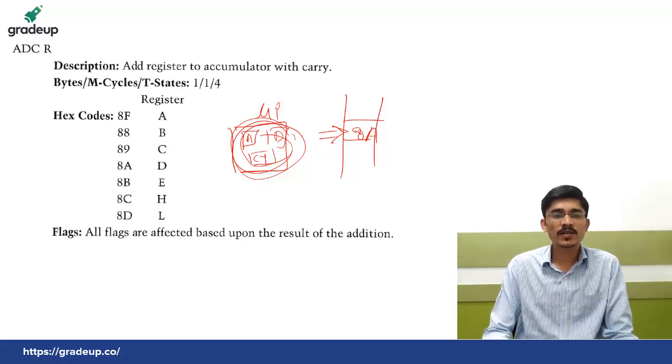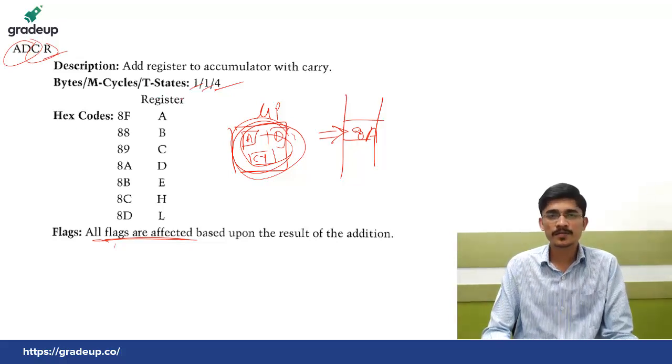So this addition will be done after 4 T states. It is a 1-byte instruction. It requires only 1 machine cycle, which is opcode fetch. So it requires 4 T states, and all flags are affected based upon the result of the addition. So this is how ADC works. This C indicates the carry, AD indicates the addition, and R indicates the register on which you are going to perform the operation.